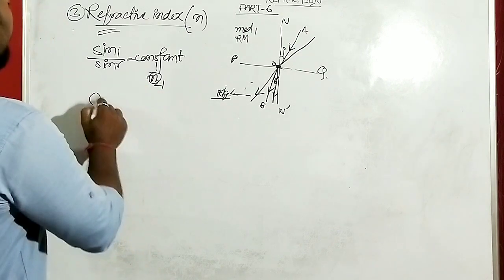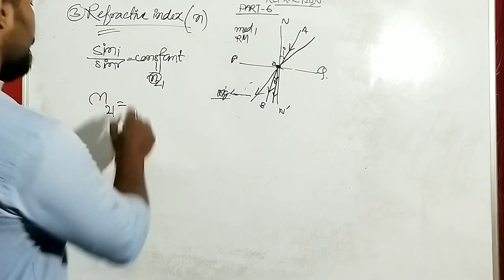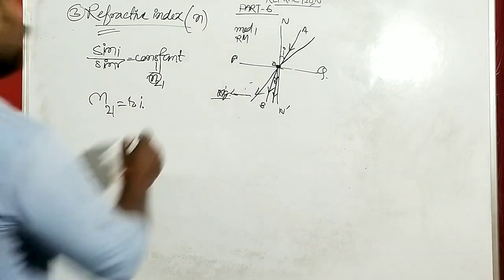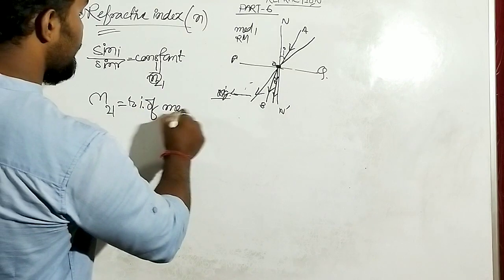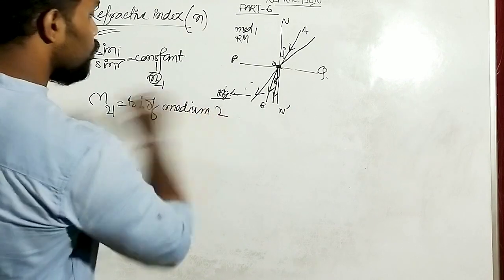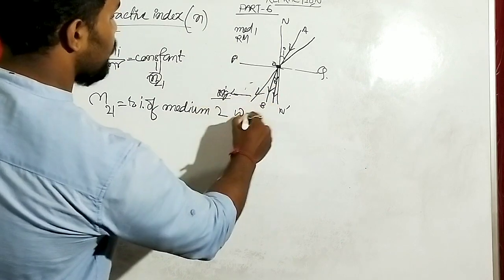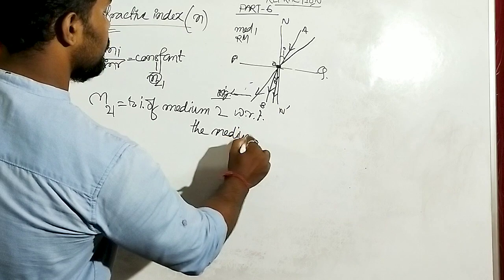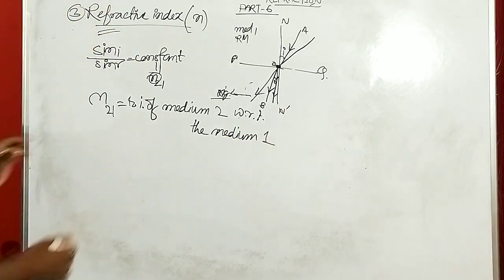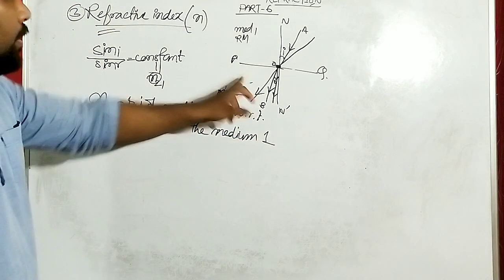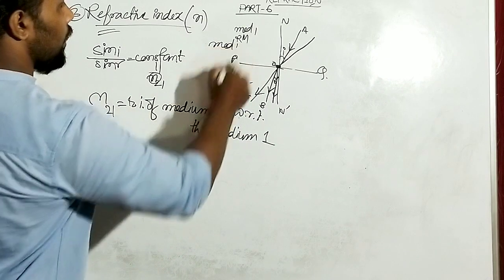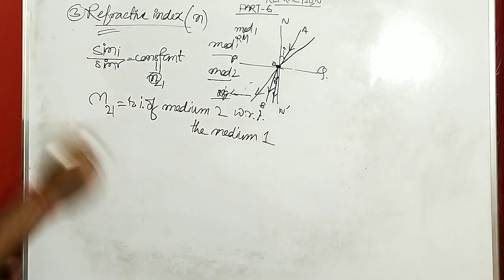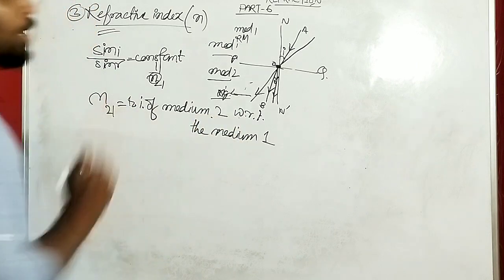It has a simple meaning. n21 means refractive index, I have written shortly RI for refractive index, of medium 2, the second medium, with respect to medium 1. So n21 gives the refractive index of medium 2 with respect to medium 1.